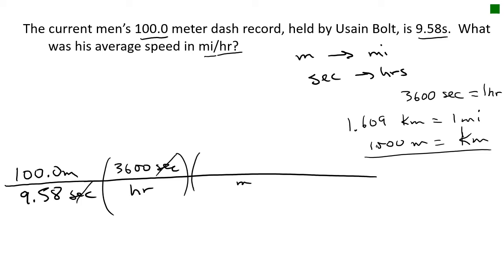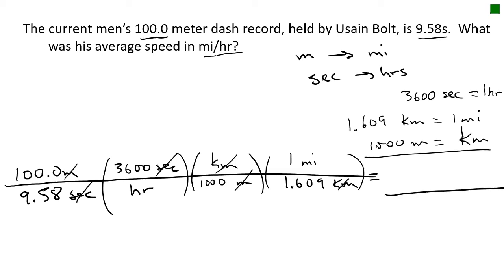I need meters on the bottom. I know that there are 1,000 meters per kilometer, and so that gets me out of meters. And then I'm going to go into miles. I know there's 1 mile for every 1.609 kilometers. Kilometers divides out, and I will get an answer in miles per hour.